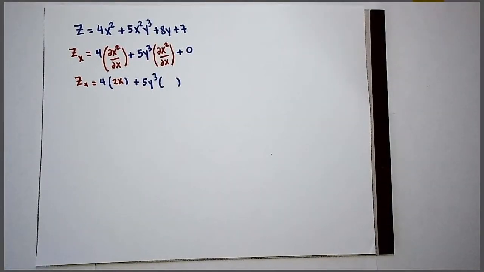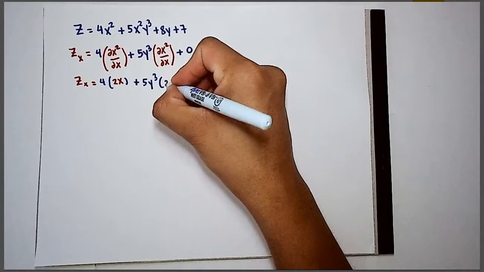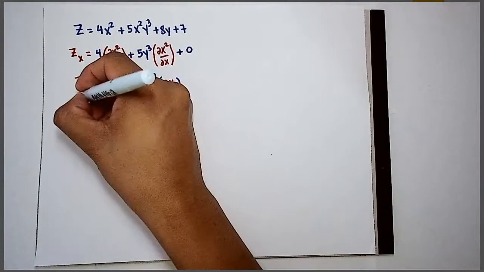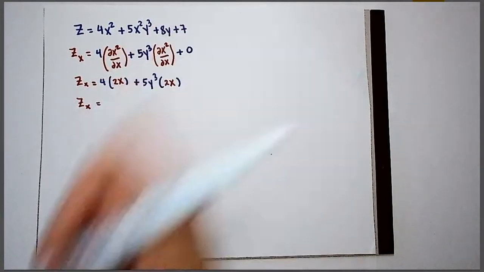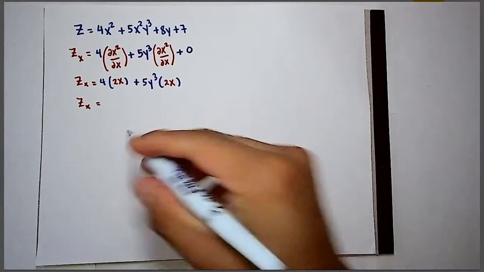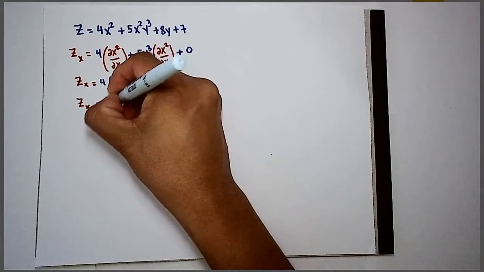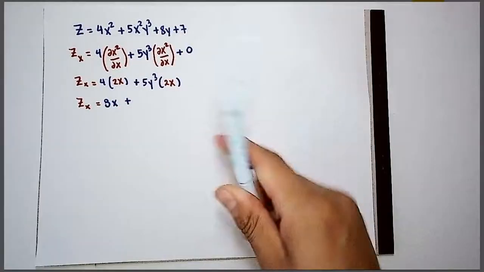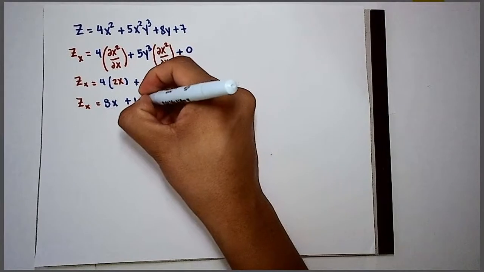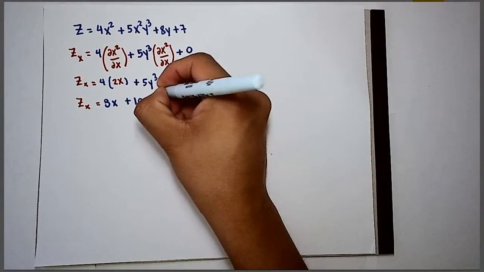The derivative of x squared with respect to x is 2x. And this is equal to 8x plus 5 times 2, which is 10x y cubic.